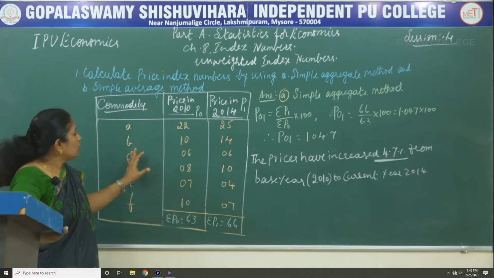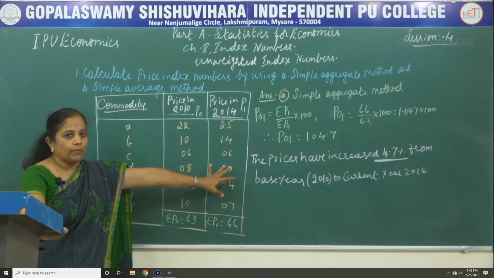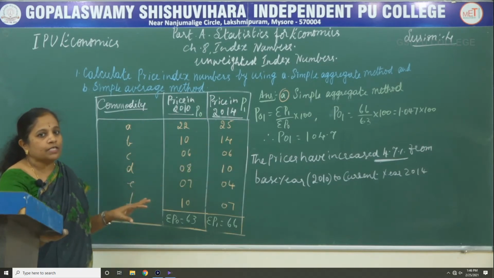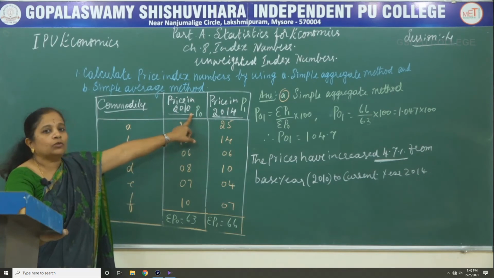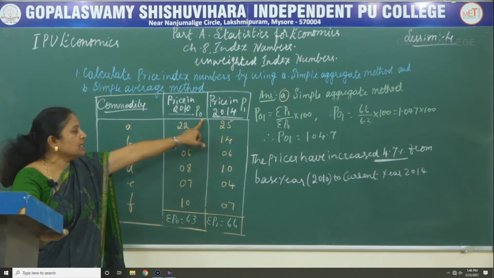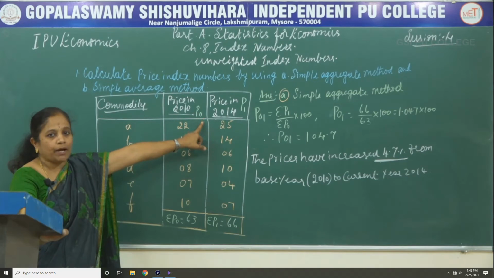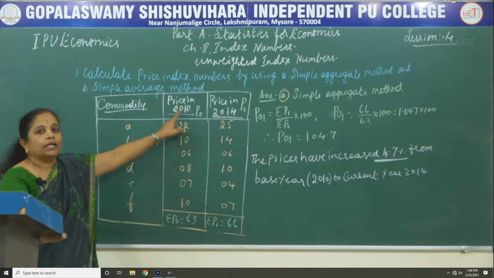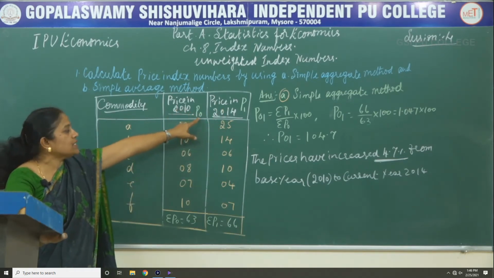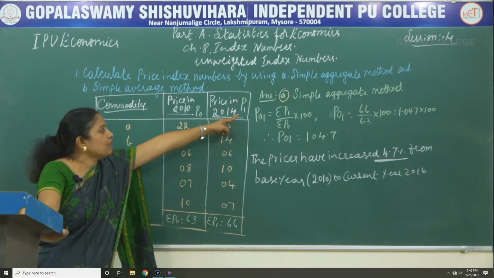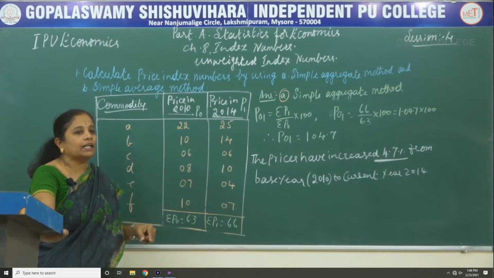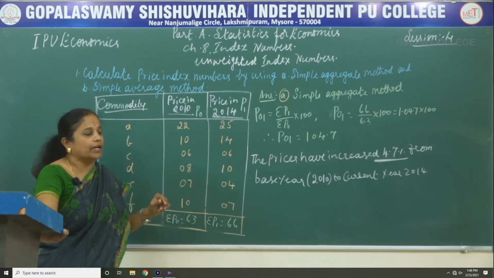First, we should see which is the base year. The year 2010 is the base year, and the base year is represented by P0. The year 2014 is the current year, and the current year is represented by P1.